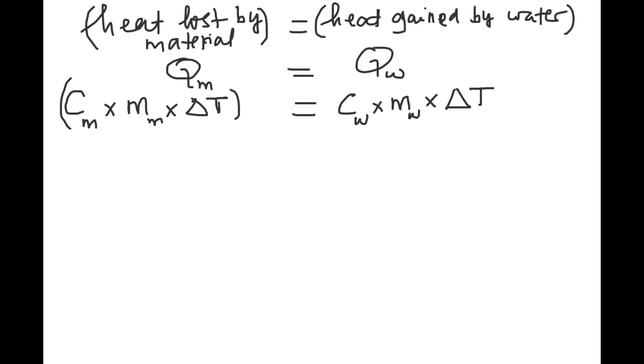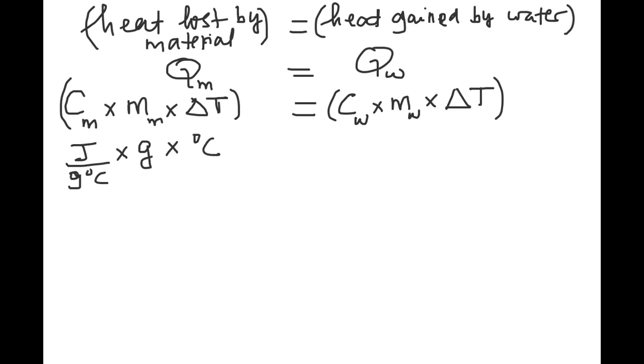All right, so before we break this one down, I want to show you how this formula works. The specific heat is in joules per gram degrees Celsius. I'm just looking at the units. The mass will be in grams if you are to be consistent, and the change in temperature will be in degrees Celsius.